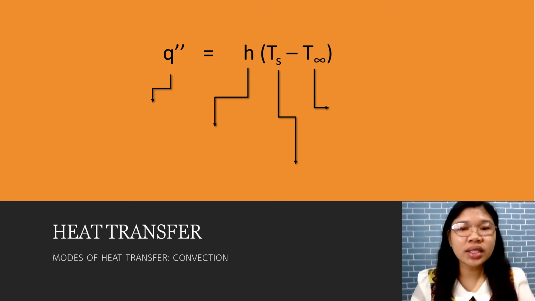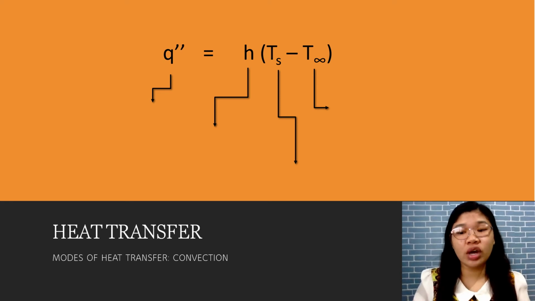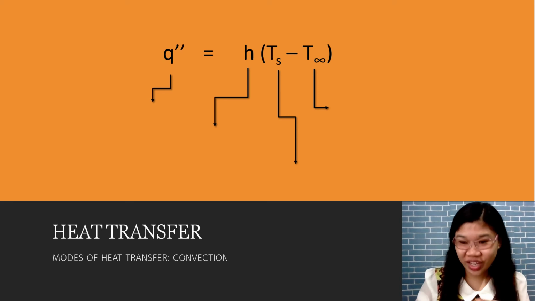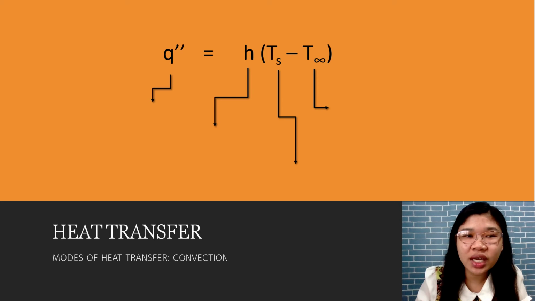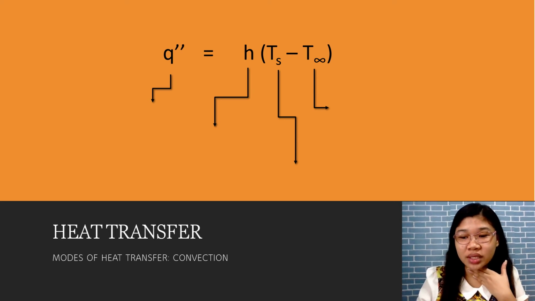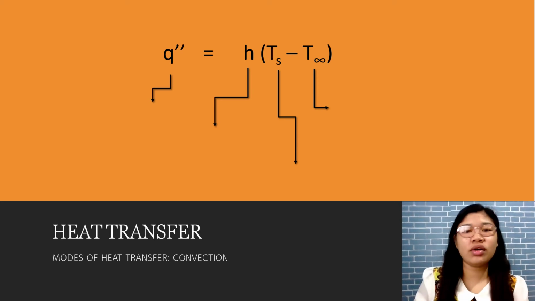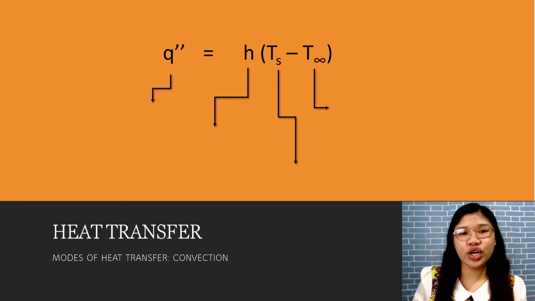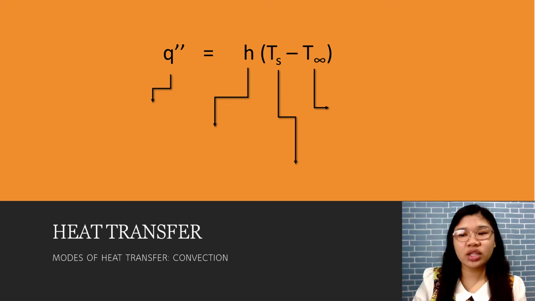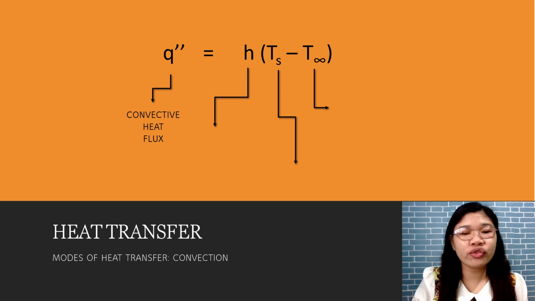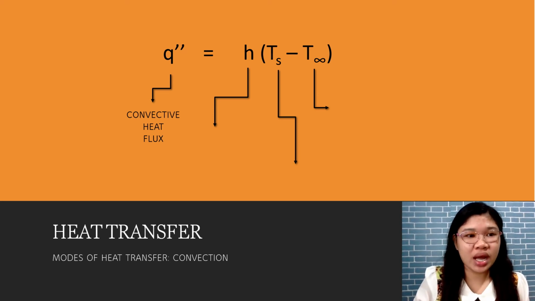Regardless of the particular nature of the convection heat transfer process, the appropriate rate equation is provided here, wherein q'' is the convective heat flux. Again, this is per area, so the unit is watt per square meter.